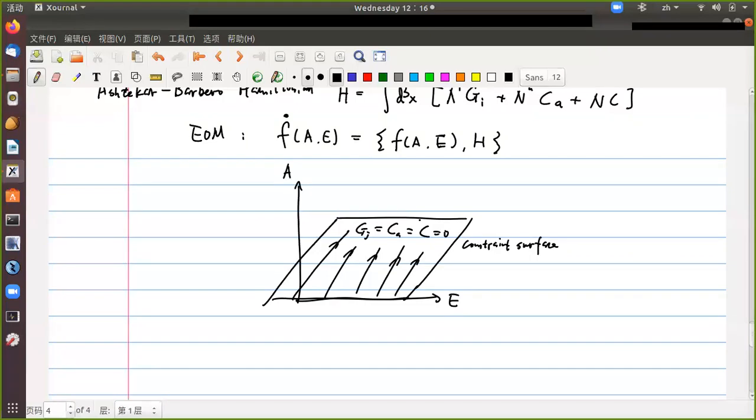The next thing is to define the reduced phase space. The reduced phase space is just a quotient space, and every gauge orbit is just a point on the reduced phase space.